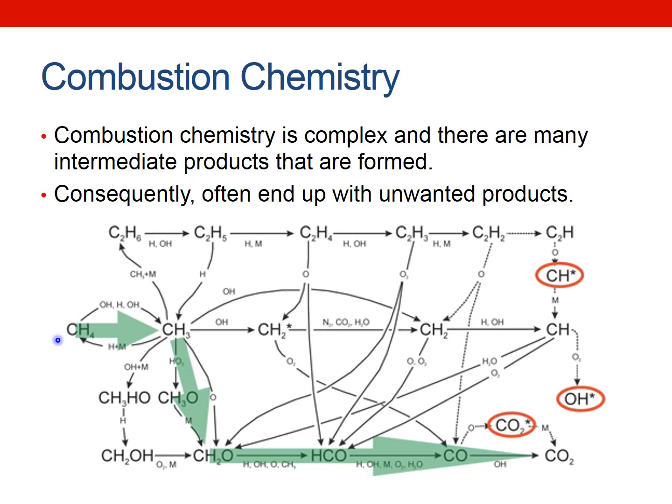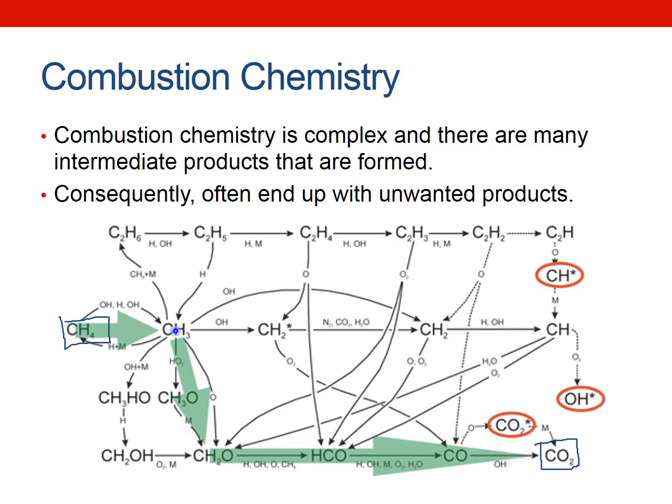So up to now we've been writing methane, which is that one there, gives us CO2, which is that one there, and some water. But to get from there to there, you can see that the green is the path that you want to take.